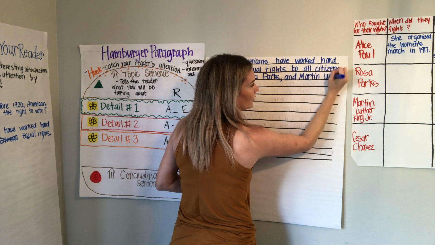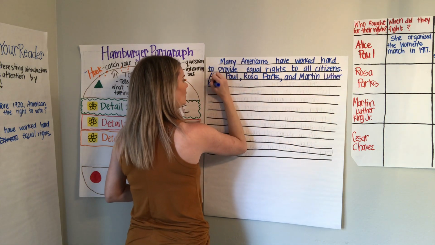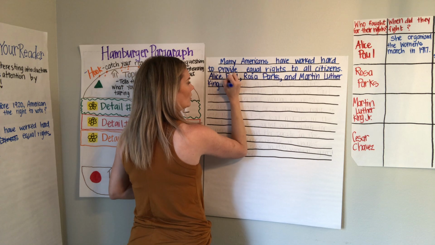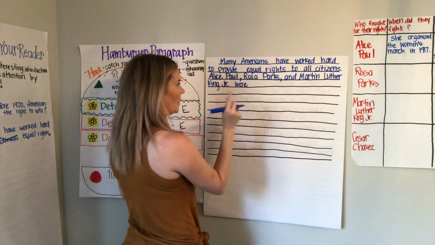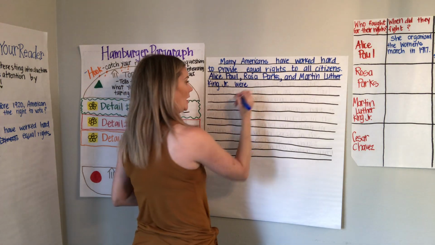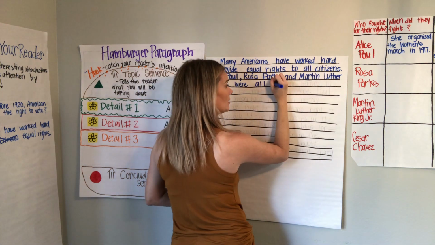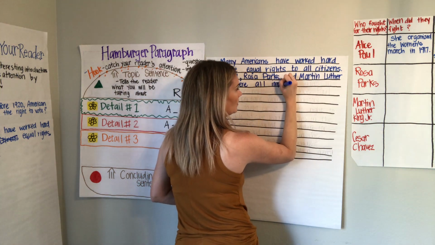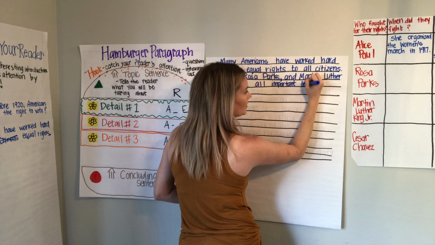Martin Luther King Jr. were, and I'm making sure all my verbs are past tense because it happened in the past, were all important leaders, and again, this is my topic sentence.